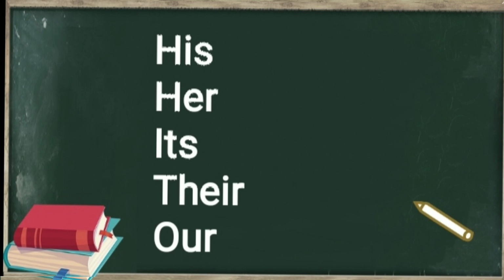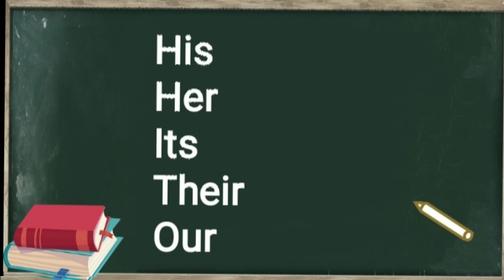This is a chair. Its leg is broken. Whose leg is broken? The chair's leg is broken. So chair is a thing, so we use the word its. If the things belong to an animal or a thing, we use its.